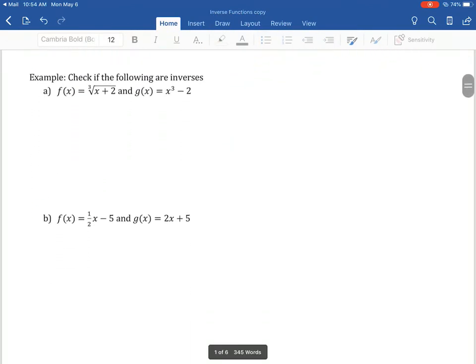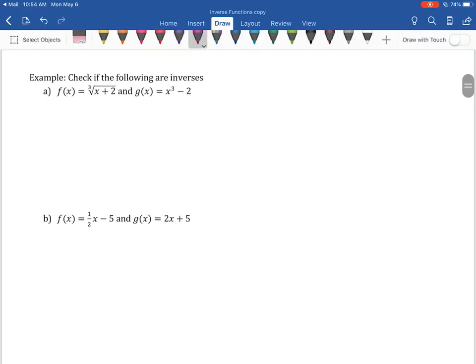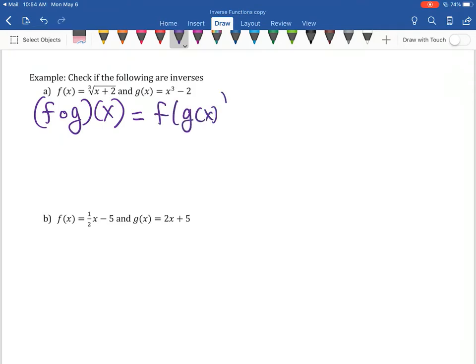Okay, so let's look at the first example. We're going to check to see if these two functions, f and g, are inverses by composing them in both directions and seeing if we get out x both times. So first, let's check f of g of x. That means I'm going to take the entire function g of x and plug it into f.